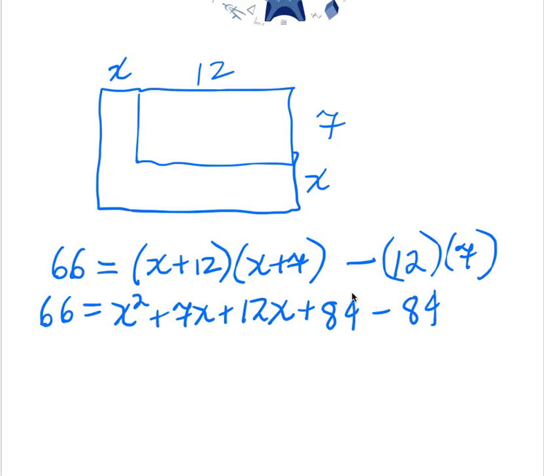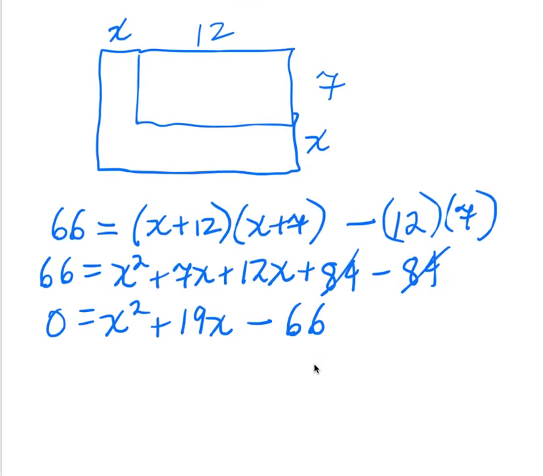So this cancels out, that cancels out. I get x squared, and I'm going to subtract 66 too, so that's going to be 0 equals x squared plus 19x minus 66, which is what I'm solving for. I'm going to solve for x by factoring. So I'm looking for factors of -66.